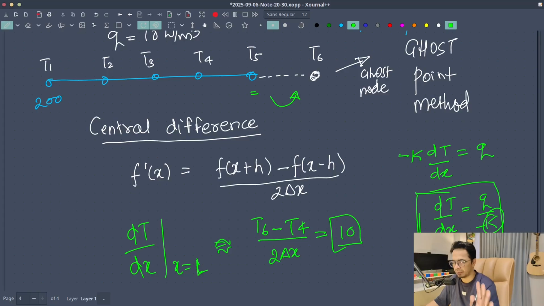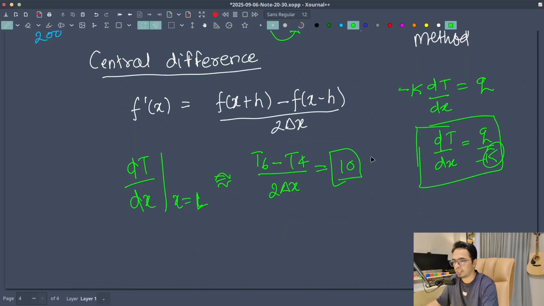It may be unphysical, but just for the sake of it, let us assume. So if we do that, dT by dx becomes minus 1, which we may then go ahead and substitute here. And then we can go ahead and solve this.